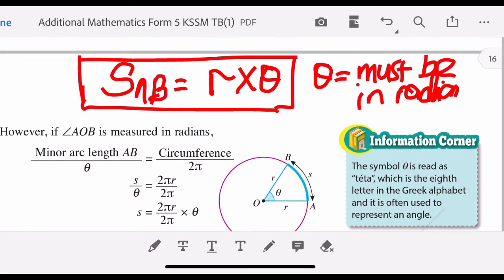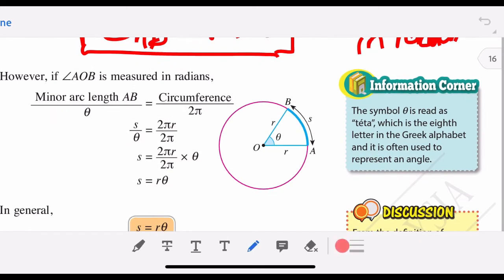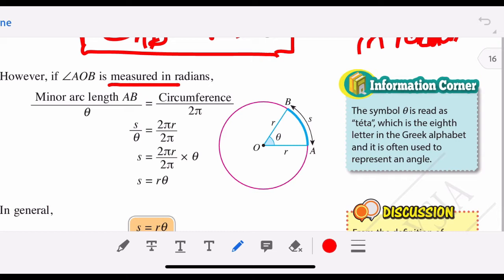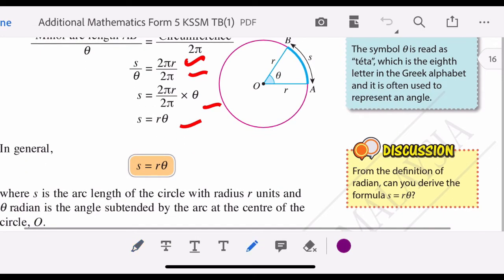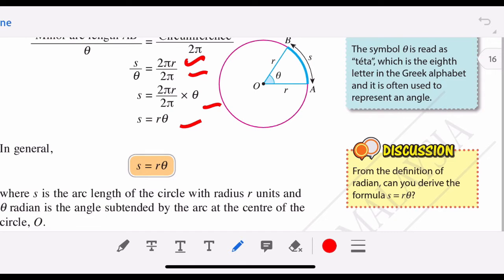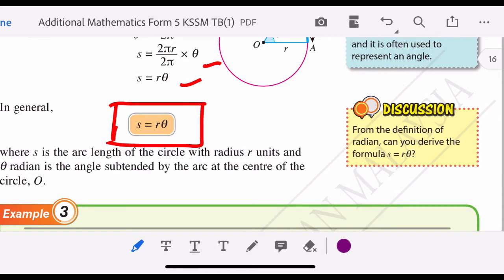When the angle is measured in radian, the formula you derive looks very nice and simple. This is the formula that you must memorize.